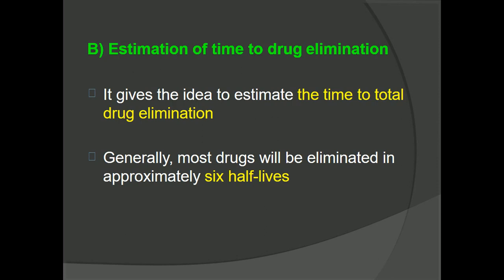In my next lecture, I will explain the different formulas used to determine the half-life of different drugs. This is the second point: it gives an idea how to estimate the time to total drug elimination. Generally, most drugs will be eliminated in approximately 6 half-lives.